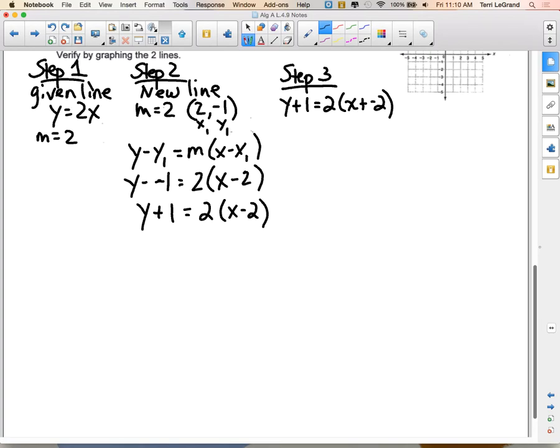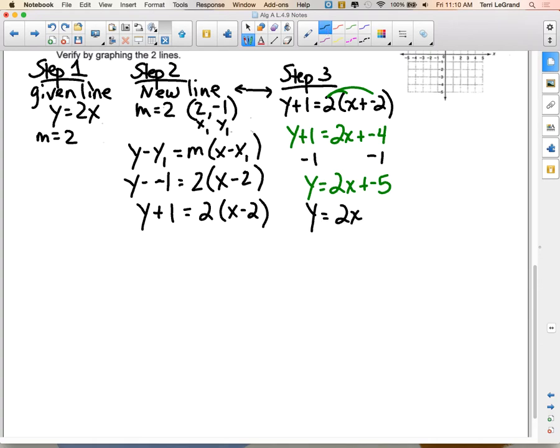So remember, the new line is used in both of these. Don't forget to circle your final answer cleaned up.